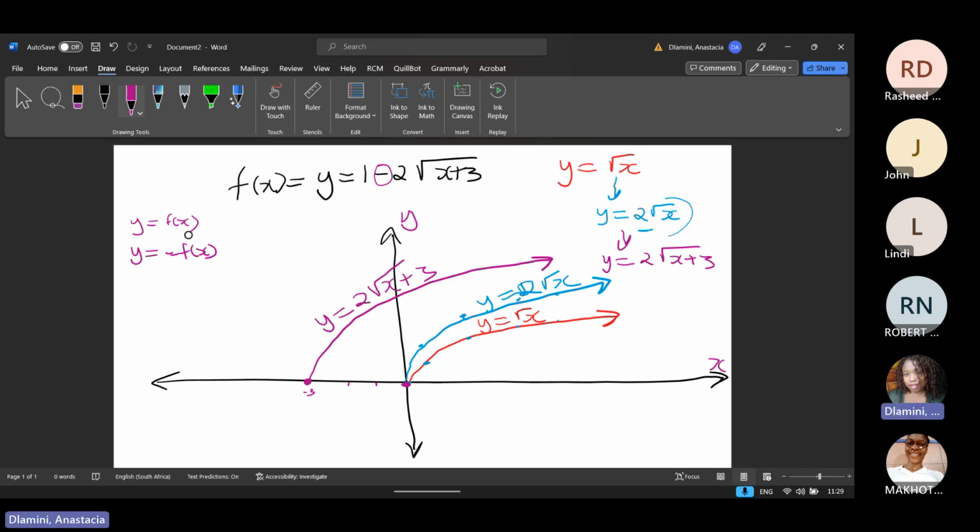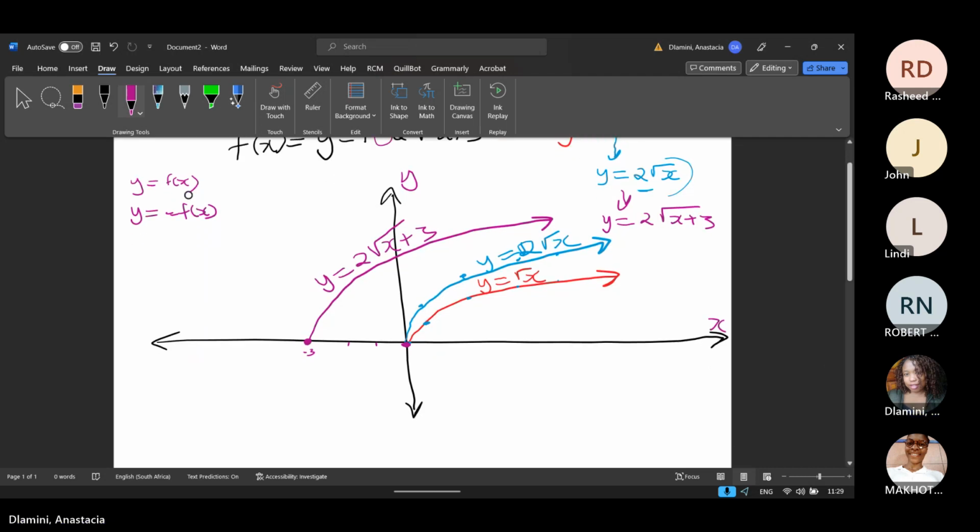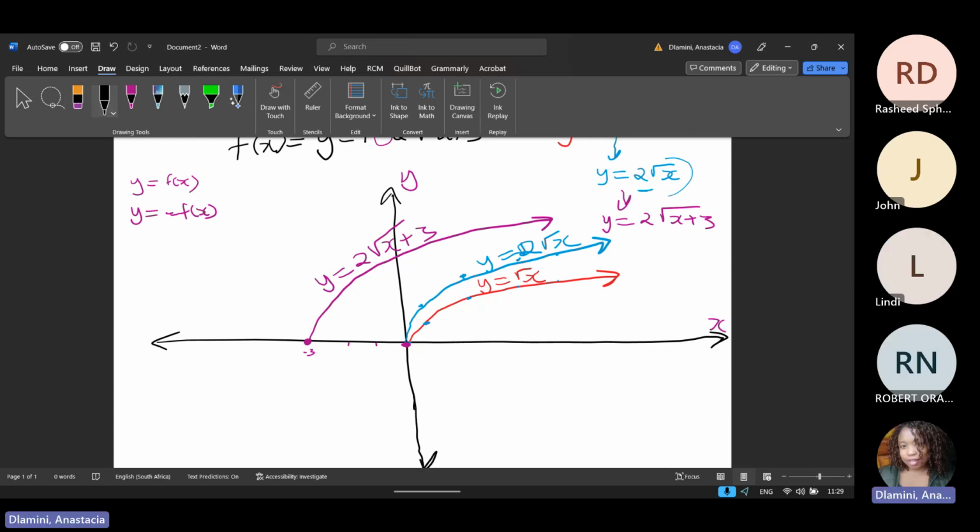Does anyone remember? Okay, I'll just explain that. This is a reflection of the graph about the x-axis. In the textbook, they'll say the reflection of the graph in the x-axis.